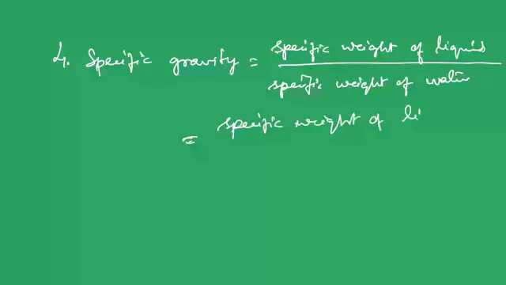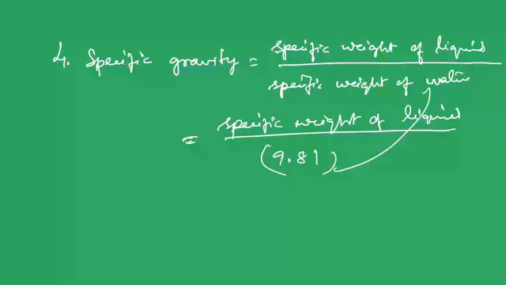Weight of liquid divided by specific weight of water, which is 9.81 kilonewton per meter cube. So no need to bother about the unit here, so just leave the unit part. So if we divide the specific weight of liquid by 9.81, that is the specific weight of water, we'll get the specific gravity. The specific gravity is also referred as relative density.